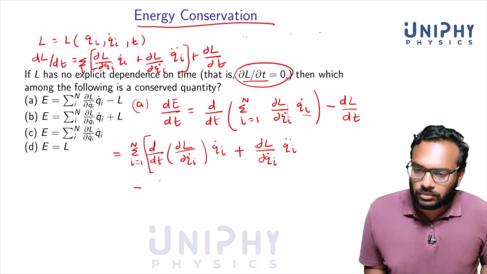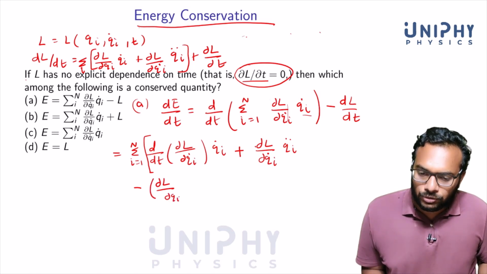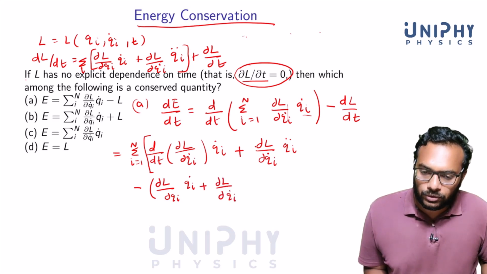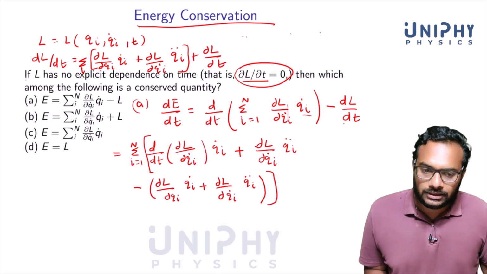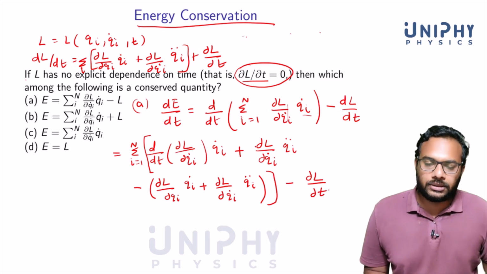So that's equal to minus, I'll give a bracket here, ∂L by ∂qi times qi dot plus ∂L by ∂qi dot times qi double dot. Okay, that's inside the summation, and since it's minus here, I'll write this outside, minus ∂L by ∂t.